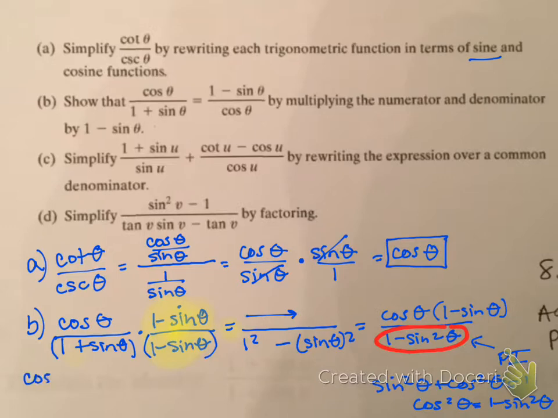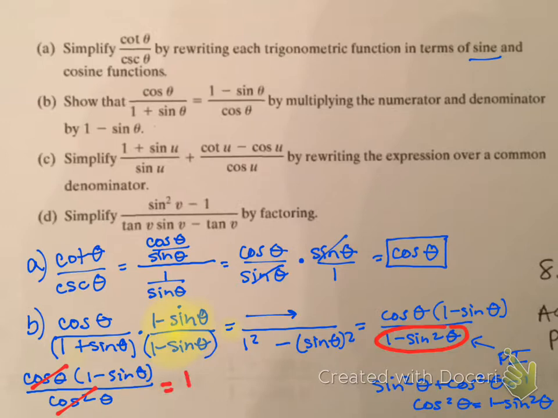So in the denominator, I'm going to leave it alone just for now. Okay, in the numerator, wherever I see 1 minus sine squared theta, I'm going to place in cosine squared theta. Alright, so once I got that, now I can simplify this down. I can take out a cosine theta out of both.